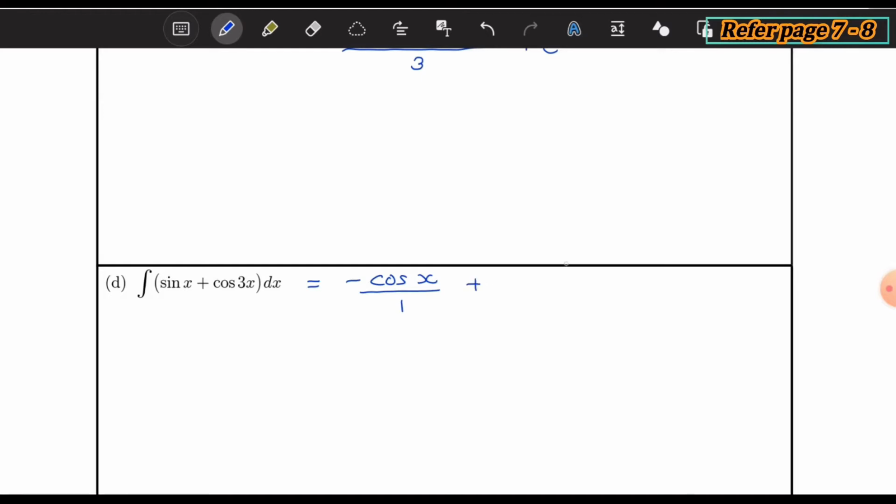Plus, integrate cos 3x is sine 3x divided by 3 plus C. So, final answer is negative cos x plus sine 3x over 3 plus C.